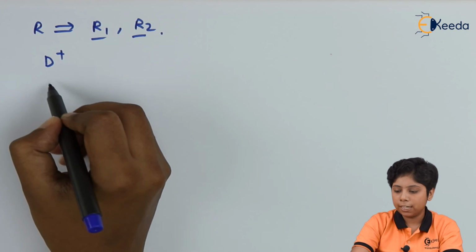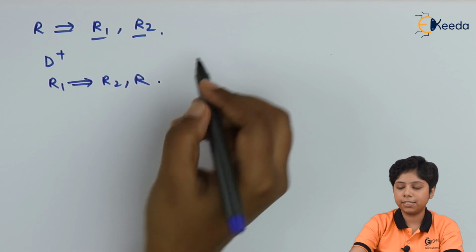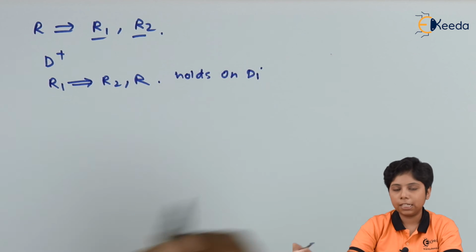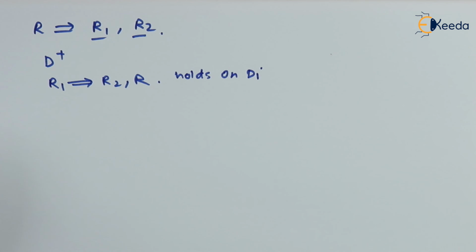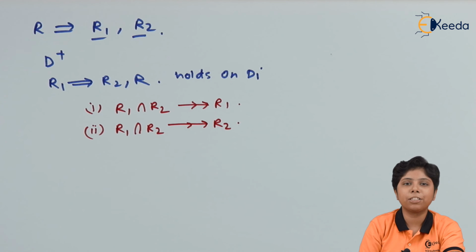So a multivalued dependency is present and holds on Ri if and only if we have at least one of these two conditions. Now let us get back to our ID, department and ID, street, city.